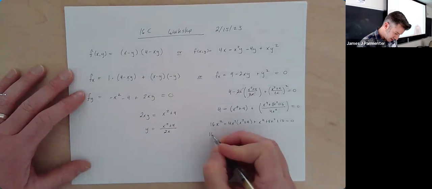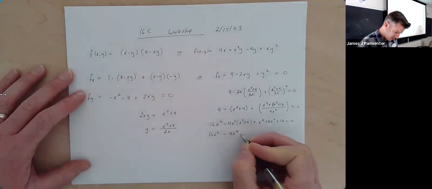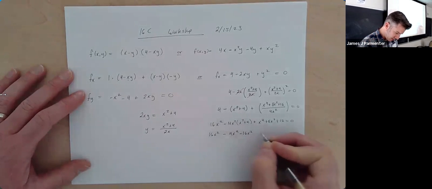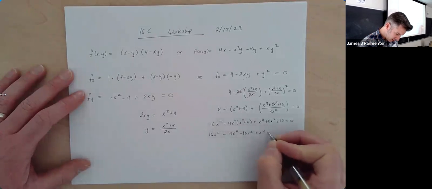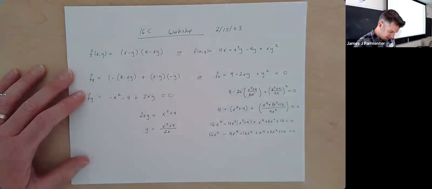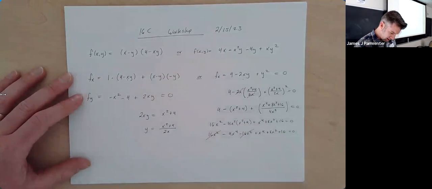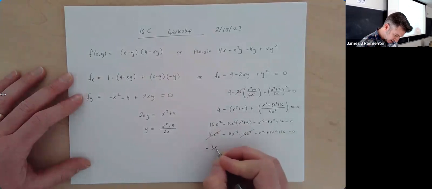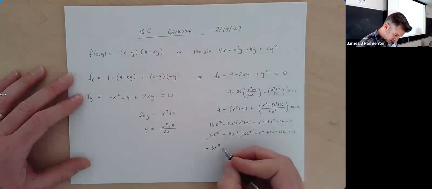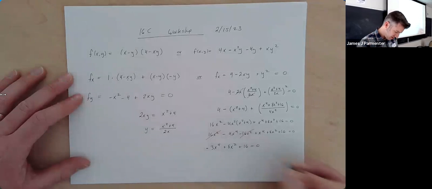So 16x squared minus 4x to the 4th minus 16x squared plus x to the 4th plus 8x squared plus 16 equals 0. Start canceling things. So I've got a negative 3x to the fourth plus 8x squared plus 16 equal to 0.